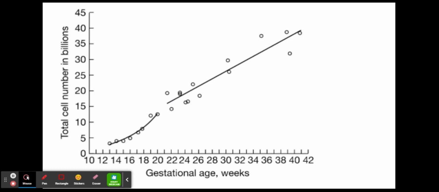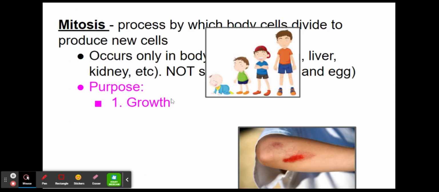So why do we need mitosis? Why do we need to create new cells? That's what we're going to look at next. So the purpose of mitosis, two purposes. One, to grow like a little baby inside of a mother's womb. Even when that baby's born, it's going to continue to grow. You're probably still continuing to grow.